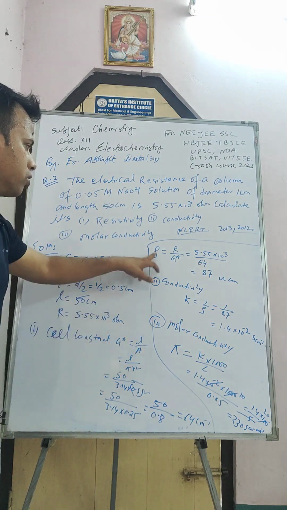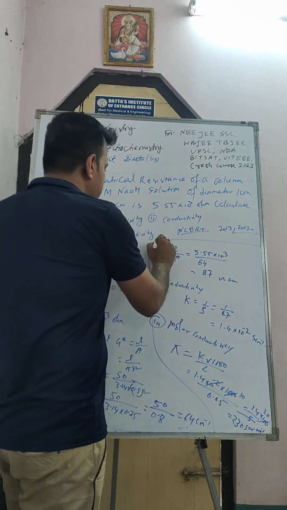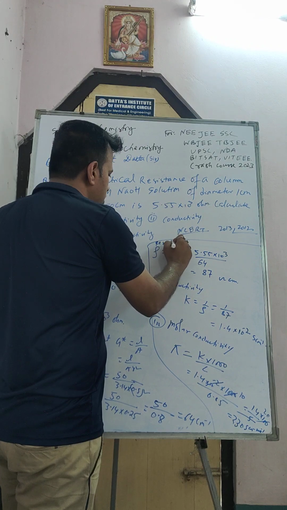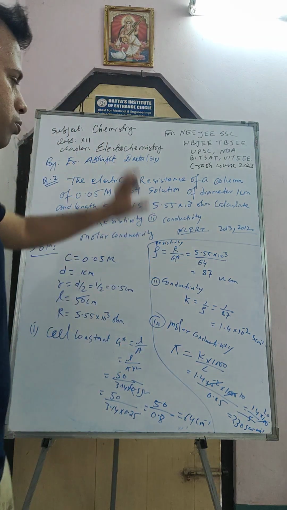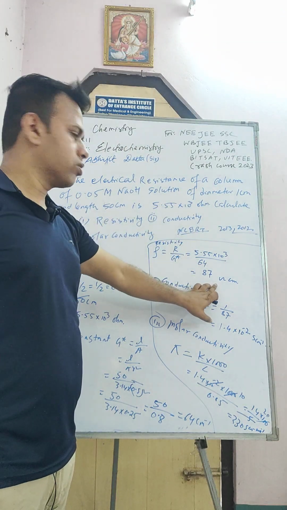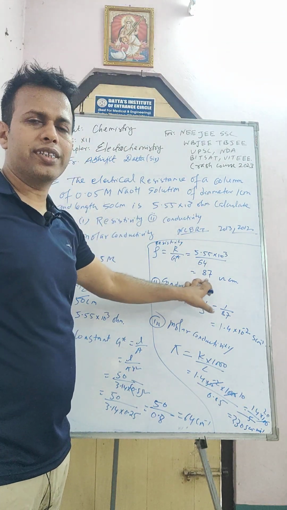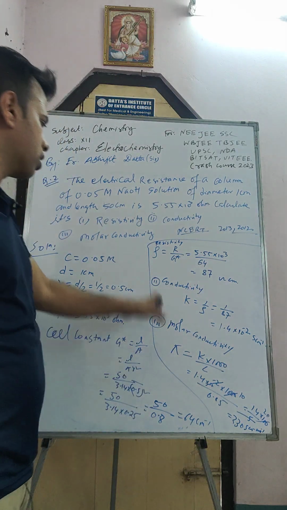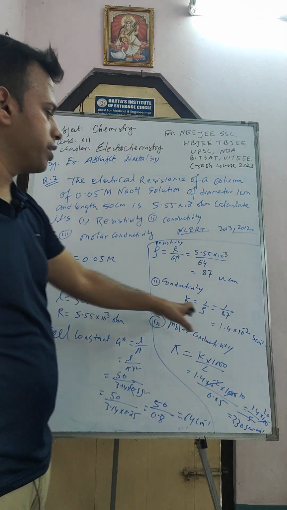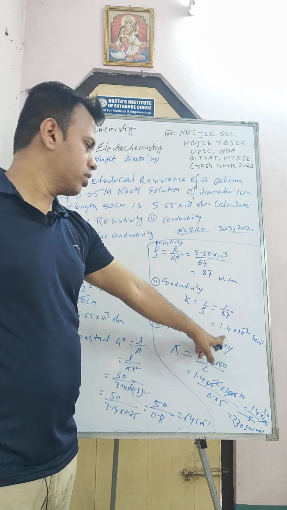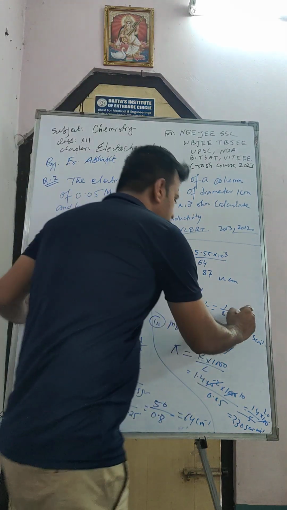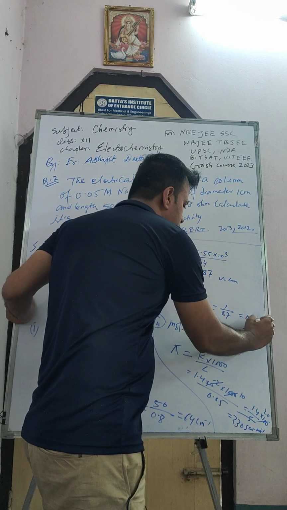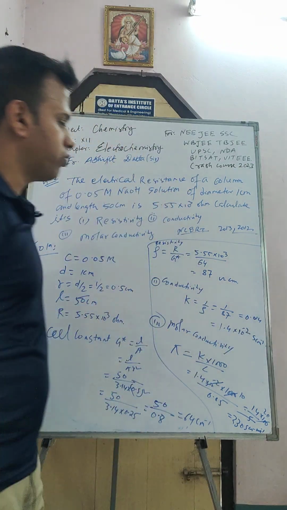Now resistivity rho equal to R by G star. After solving, it is near about 87-88 ohm centimeter. The conductivity is 1 by resistivity. Just put the value and it came 0.014, so 1.4 into 10 to the power minus 2.